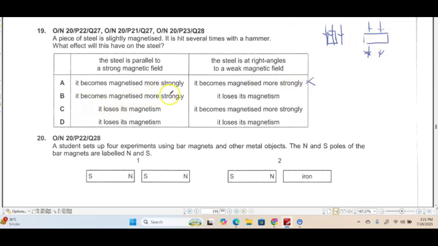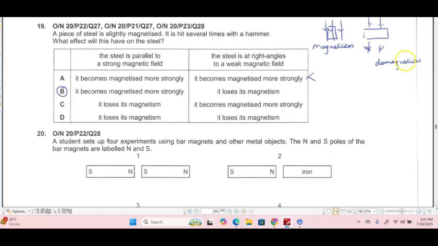It loses magnetism. Yes, this is going to be demagnetized and it is going to lose magnetism. So this position magnetizes and this position demagnetizes. Always remember this.